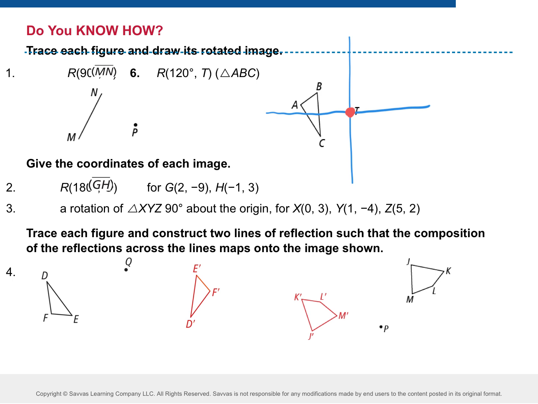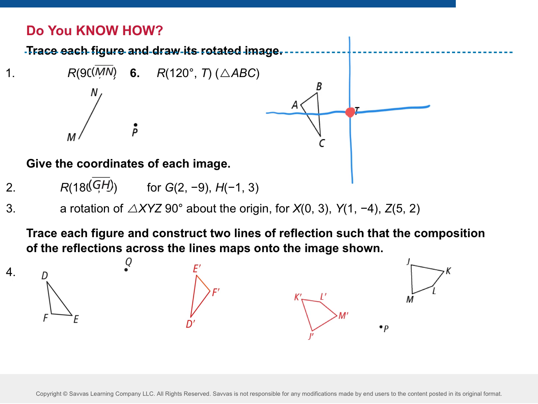Rotations are still the same no matter if it's on an axis or if it's perfectly in a quadrant. It's still going to move the same. If I say 90 degrees clockwise, where is this picture going to end up? It's going to end up right here, in the middle of this axis. If I say rotate 180 degrees, where's it going to end up? It's going to end up over here.